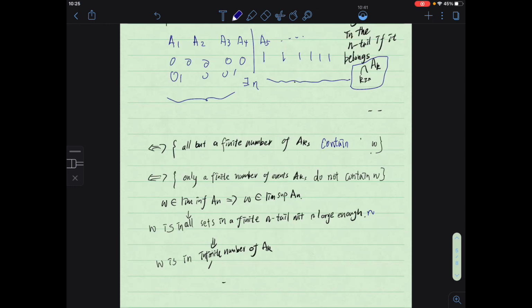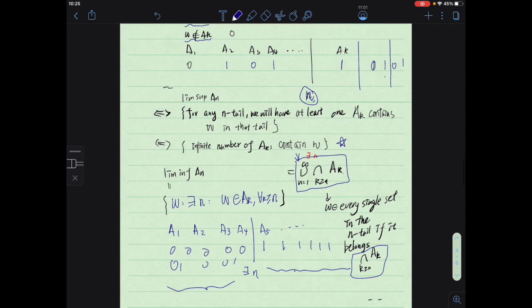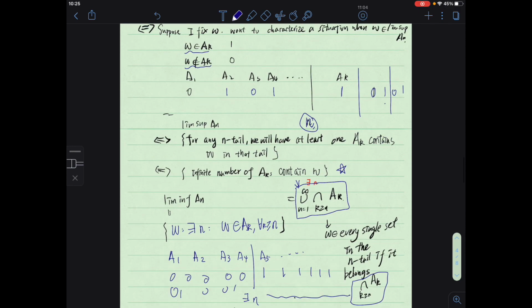We first look at the limit inferior, which is what we have right here. Omega is in all sets in an n-tail with n large enough, or omega is in an infinite number of AK, right? And that is exactly the definition we have for the limit superior above.